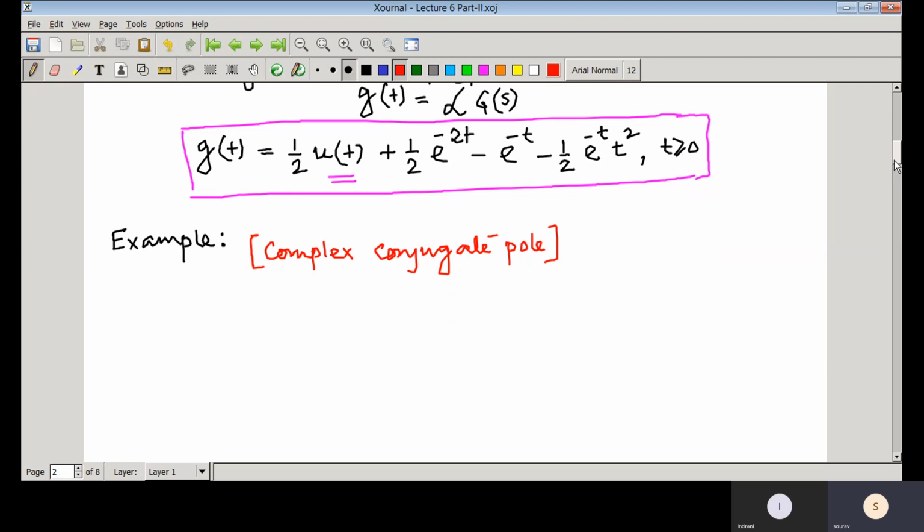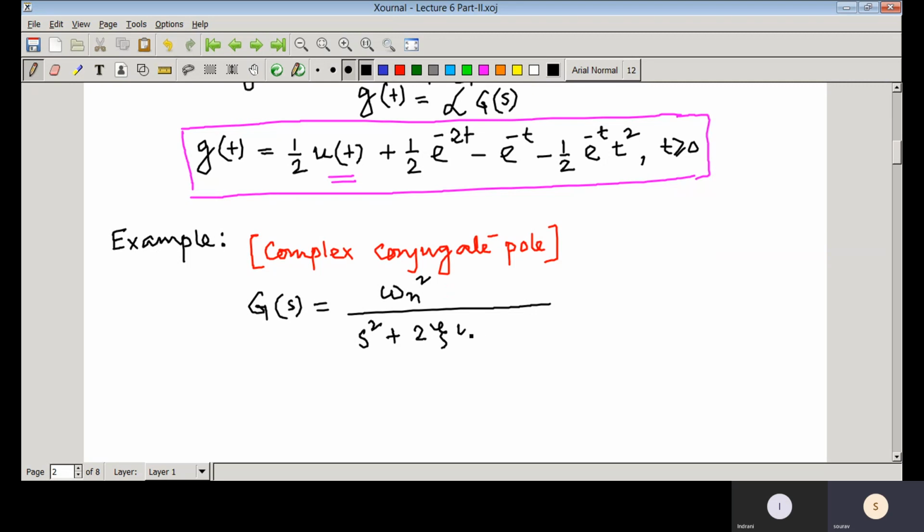Let us see. So suppose a plant is given, GS is given, that is omega n square over the standard form. I am not taking any numerical value, I am just keeping it in standard general form.